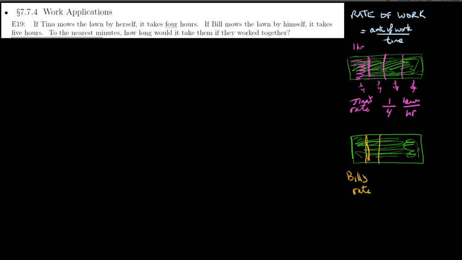So 2/5 in 2 hours, 3/5 in 3 hours, 4/5 in 4 hours, 5/5, which is the entire lawn, in 5 hours. Each 1/5 of the lawn, each 20% of the lawn, is mowed in 1 hour. So that's Bill's rate: 1/5 of the lawn per hour.